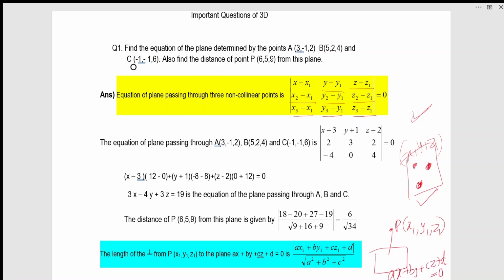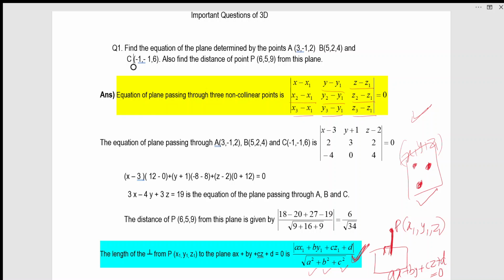You have to find out this distance between the plane and the point, of course the perpendicular distance. So the formula will be ax1 plus by1 plus cz1 plus d upon under root a square plus b square plus c square, the coefficients of x, y and z. So this is the formula for the length of perpendicular.